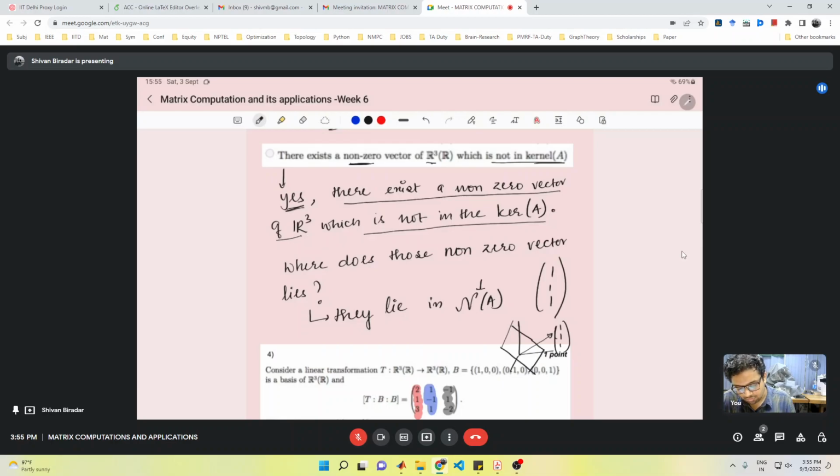So there is a non-zero vector which does not lie in the kernel of A. This is your kernel of A. And this subspace which is perpendicular to this kernel of A is not in the kernel of A, right? So in this subspace there exists a non-zero vector which is not in the kernel of A.